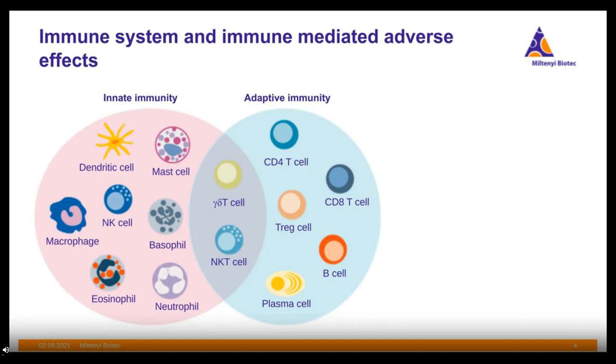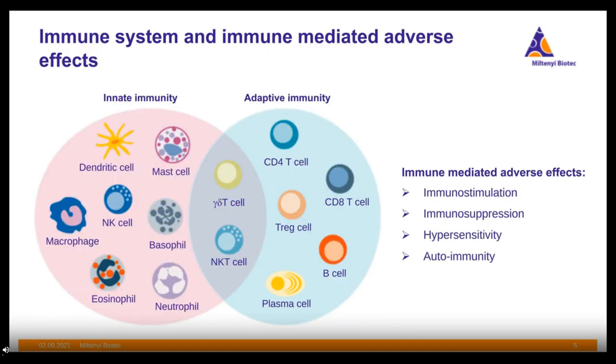There are different immune-related adverse effects that can be triggered by drug candidates, such as immunostimulation, which results in an excessive immune response related to, for example, cytokine release, flu-like reaction, etc. And this can be commonly observed.